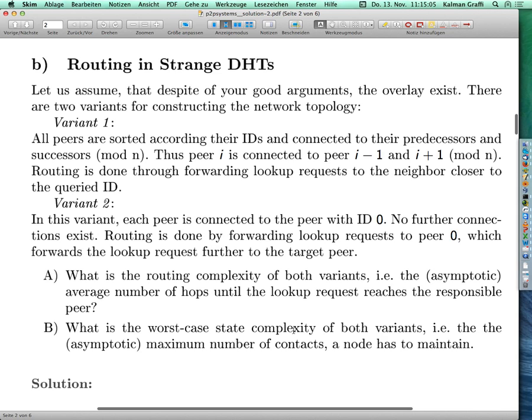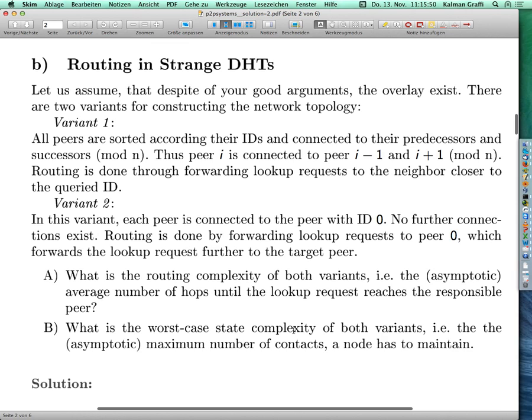What is the routing complexity of the first variant? So how many hops do I need in O calculations? Okay, so let's draw it somewhere. You just have them lined up, just predecessors and successors.